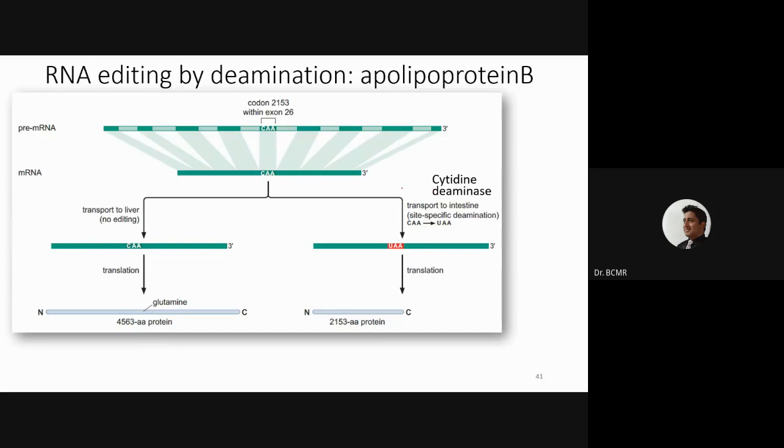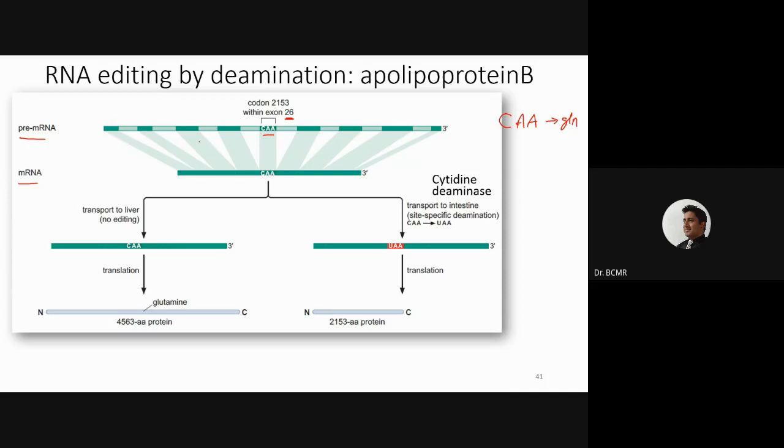Here I will just stick to the concept and not go into the biology. It's an example of apolipoprotein B. The gene has several exons, and in exon 26 there is a codon which is CAA. CAA codes for glutamine, GLN.